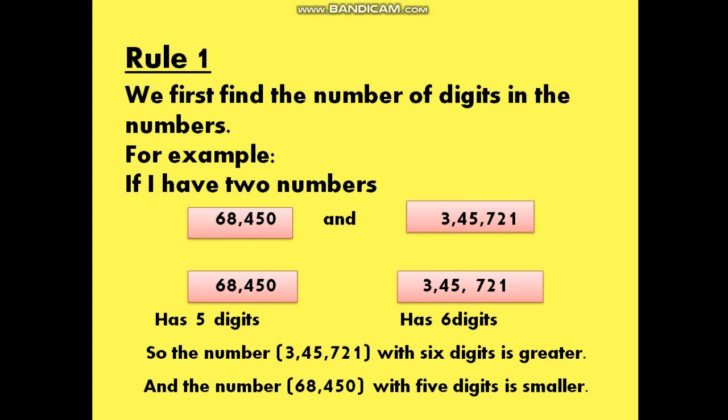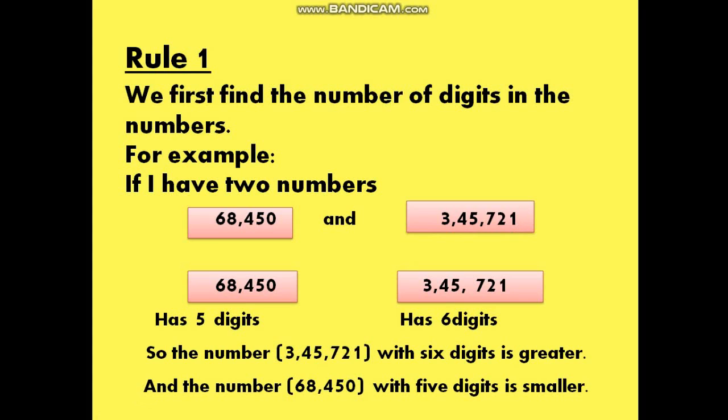Let us do this with bigger numbers or the larger numbers. I have these two numbers here. Let's read out the numbers. 68,450. Second number, 3,45,721. Now, when we look at these numbers, this is a 5-digit number and this is a 6-digit number. So, which one is more?